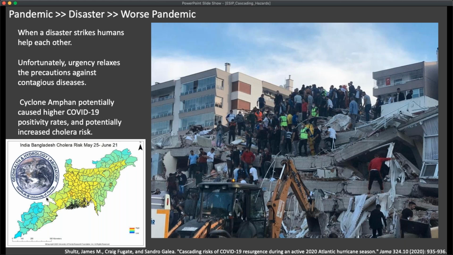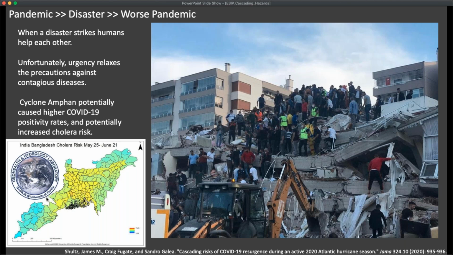There was a similar study done by the University of Florida hydrology lab for cholera, looking at the impacts of flooding and the risk of cholera as a vector disease.